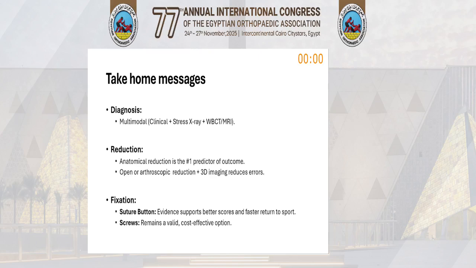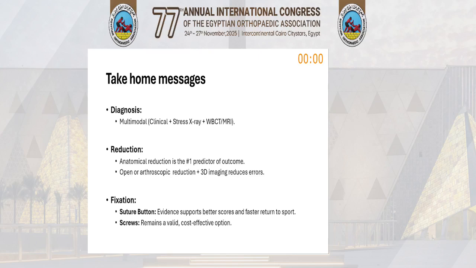So the take-home message: diagnosis is multimodal, clinical stress X-rays with bearing if available, and MRI. Anatomical reduction is the first predictor of outcome. Open or arthroscopic reduction with 3D imaging reduces, of course, the errors. Fixation with suture button, the evidence supports better scores with faster return to sport.